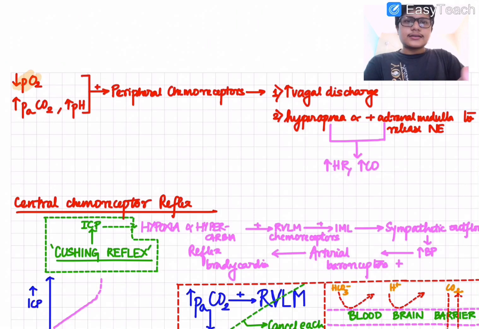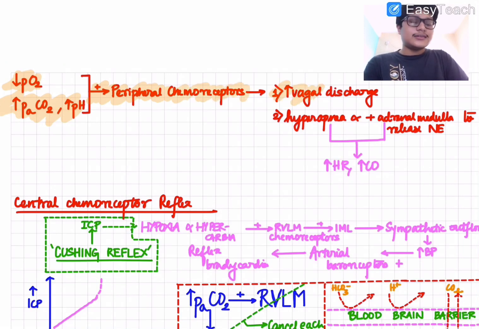So I discussed that the decrease in the partial pressure of oxygen in the arterial blood will stimulate the peripheral chemoreceptors. In practicality, there are two more stimuli, that is an increase in the partial pressure of carbon dioxide in the arterial blood and an increase in H+ concentration as well. Both of these will stimulate the peripheral chemoreceptors.